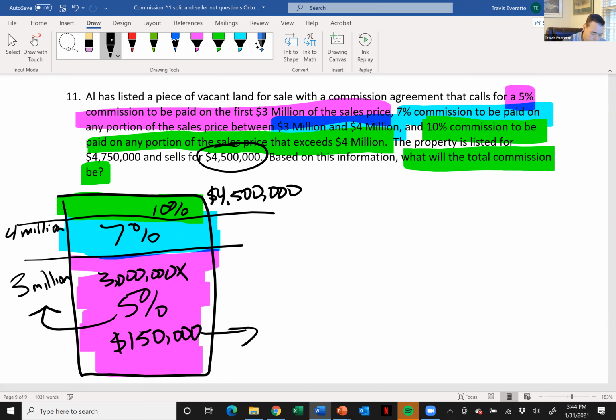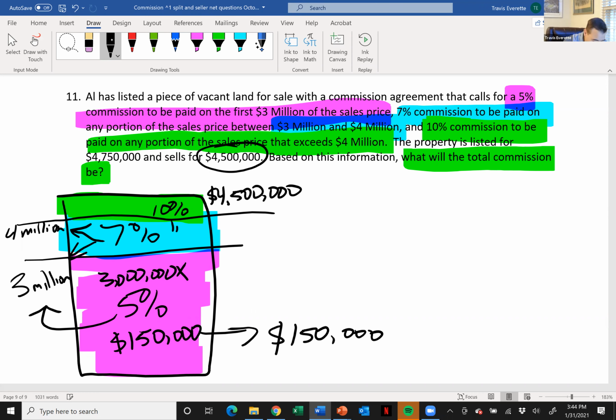150,000 for that portion. Now, 7%, but it's not 7% of 4. It's 7% of the gap between 3 and 4. So how much of a gap is there between 3 and 4? It's $1 million.